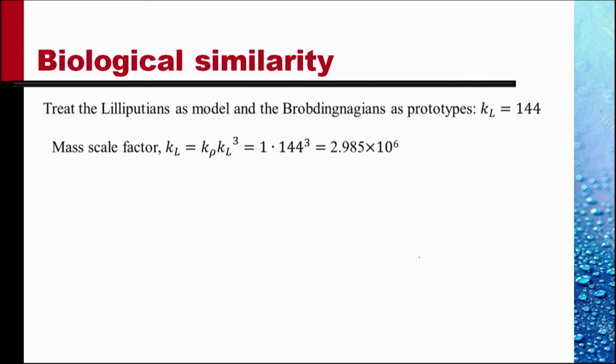The mass scale factor is simple. K mass is K density times K volume, that is K rho KL cubed, and so it's 1 into 144 cubed, 2.985 into 10 to the power 6. So giants would weigh about 3 million times the weight of the Lilliputians.